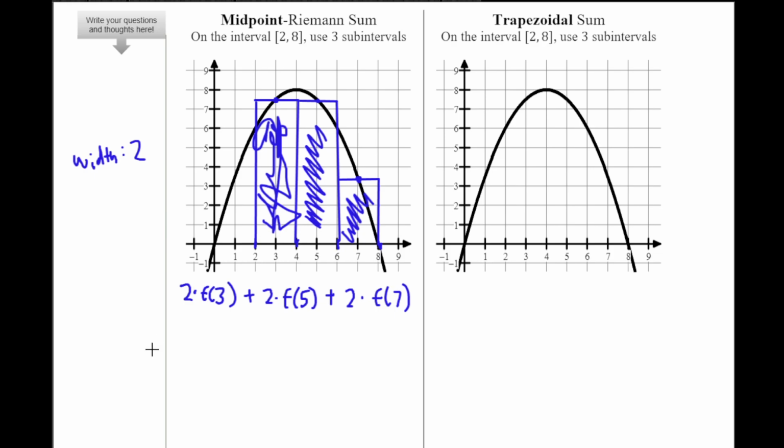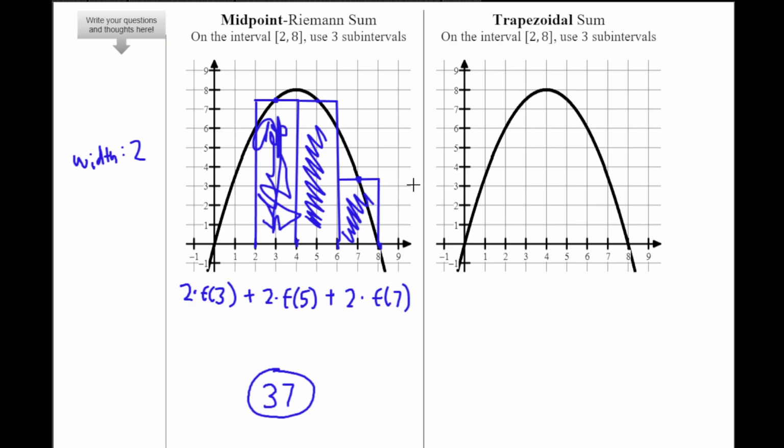I'm going to save all the algebra here, but it's the same thing as the previous 2 problems. On the previous page, all you do is plug in the 3 into the function, the 5 into the function, 7 into the function. You should end up getting an answer of 37. I'd recommend you try this on your own on the calculator and see if you get the same result. After everything, you should get 37.